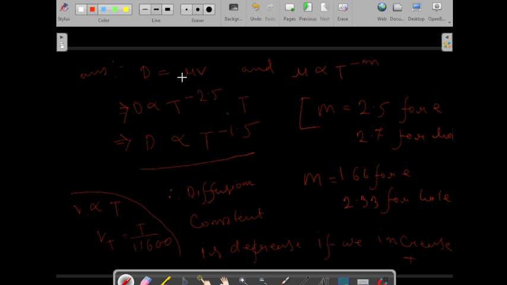Then you have to remember some magnitudes of Dn and Dp, both for silicon and germanium.